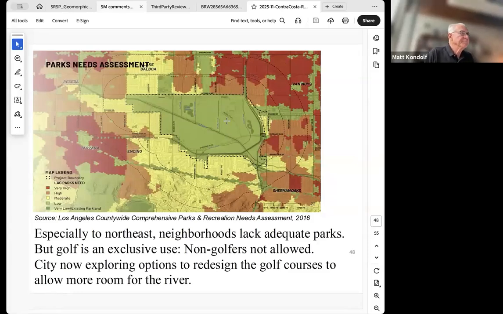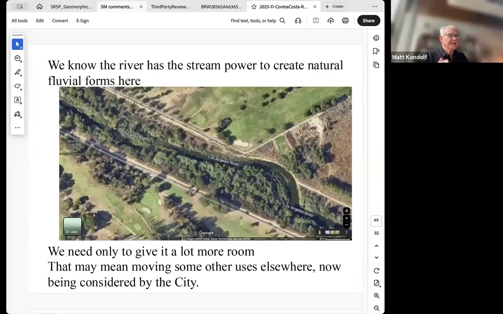Now the city is still in the process of trying to plan what to do, and they're exploring options to redesign the golf courses, which would allow more room for the river. So we have our hopes that this process will produce a bigger corridor available for the Los Angeles River.